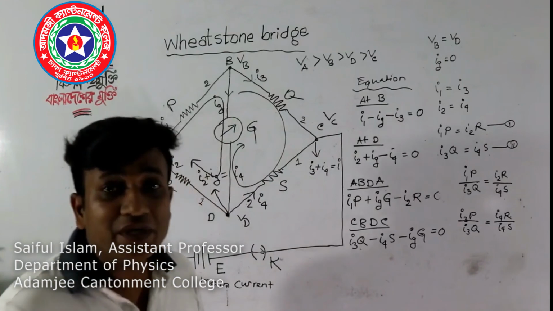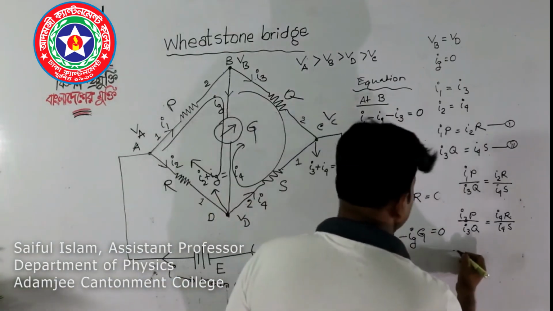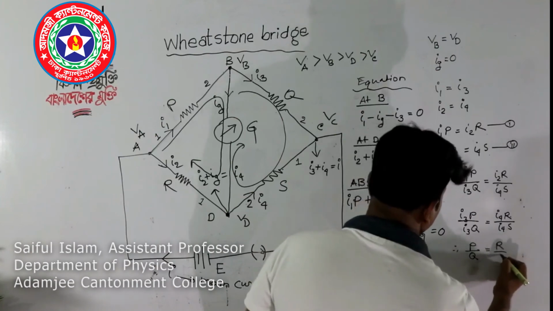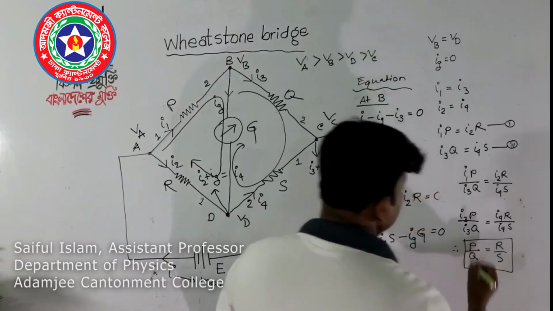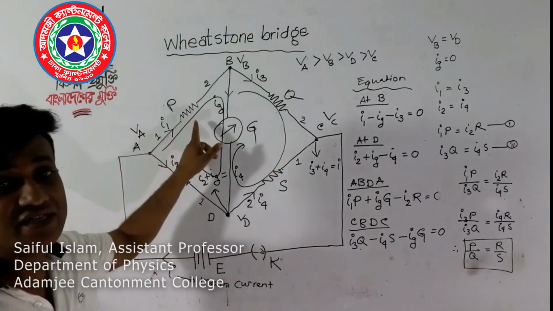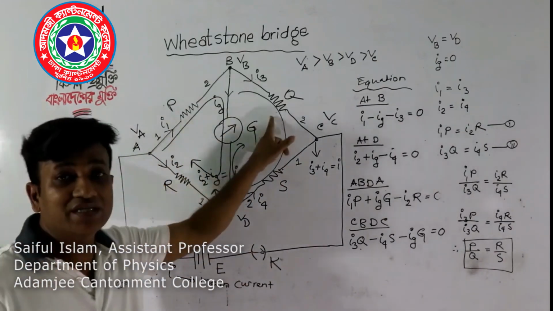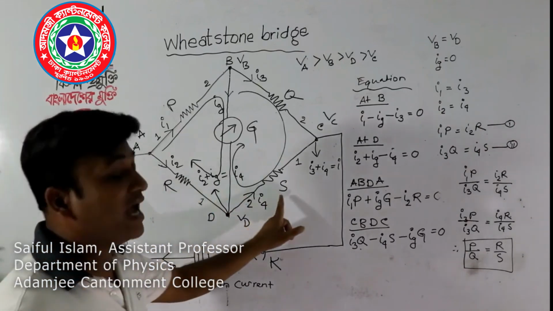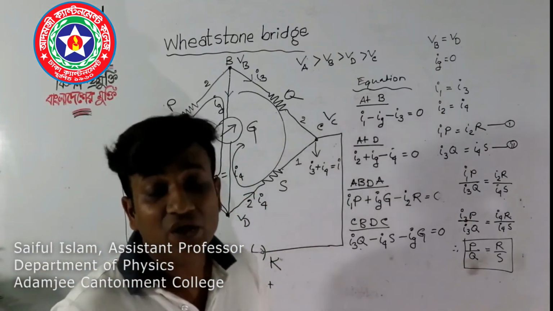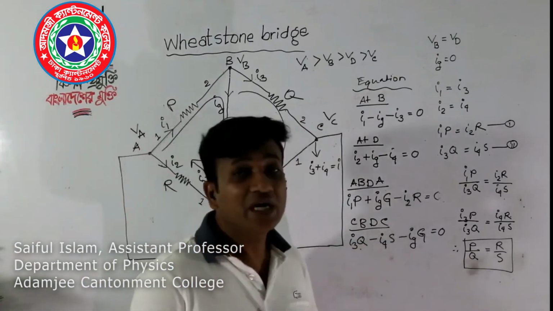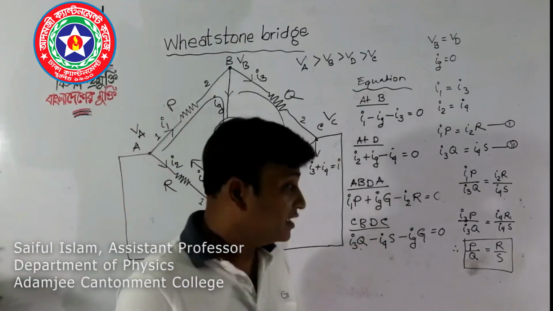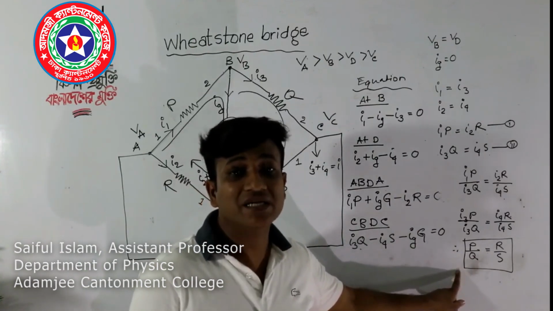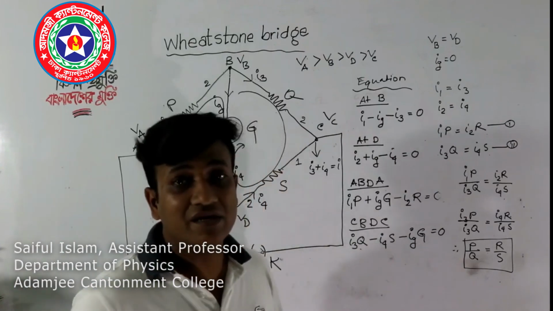So from the above equation, finally we get that P by Q equals R by S. That is, the ratio of resistances P and Q equals the ratio of resistances R and S. This equation is called the Wheatstone bridge balance condition or null condition.